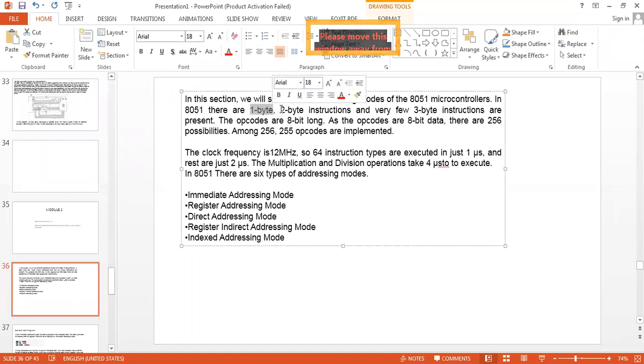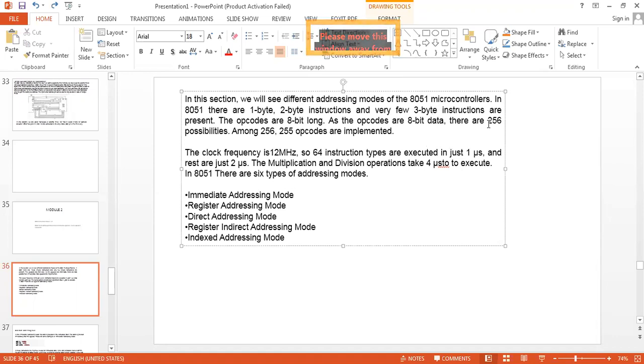I have a few instructions which occupy 2 bytes of memory locations in the program memory, as well as there are very few instructions which are going to occupy 3 bytes of memory locations in the program memory. So they are going to be stored in 3 memory locations.